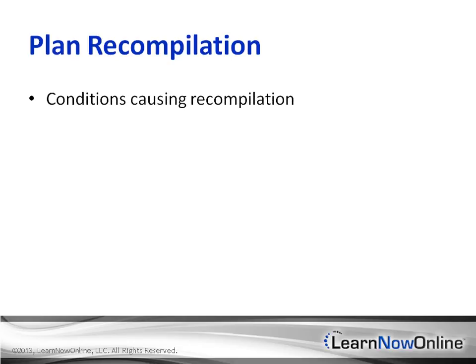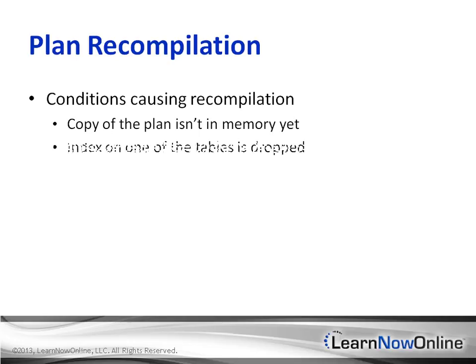There are certain conditions that cause SQL Server to compile a new execution plan for an existing stored procedure. Might be because a copy of the plan isn't in memory yet. Okay, so that's logical. It doesn't exist in memory, so it recompiles the plan to make sure that it's still valid. Maybe you drop one of the indexes on a table, so it has to come up with a new plan for executing the stored procedure.